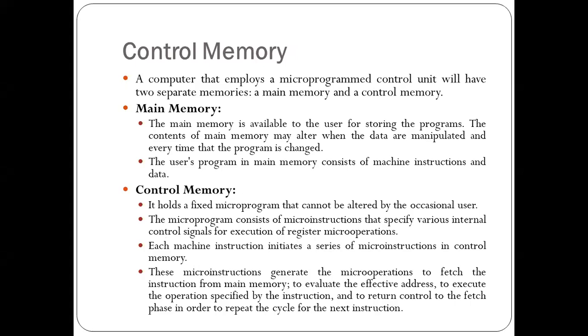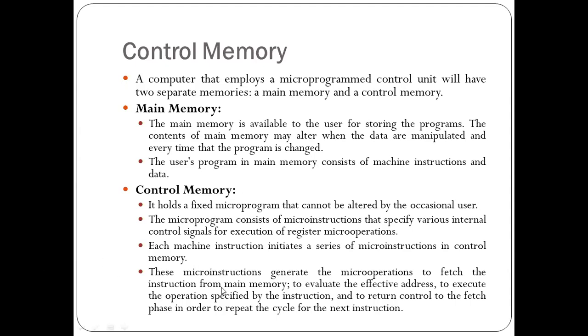Those control signals are activated by using certain control variables. The setting or resetting of the control variables is done by your microinstruction. A microinstruction is nothing but a set of ones and zeros, which we call a control word.